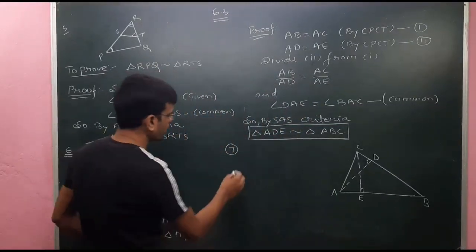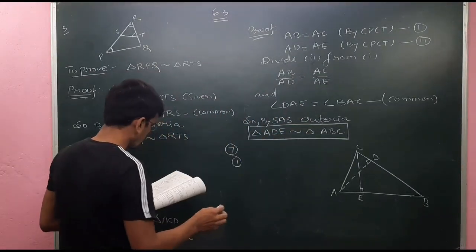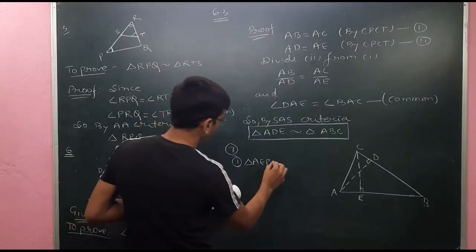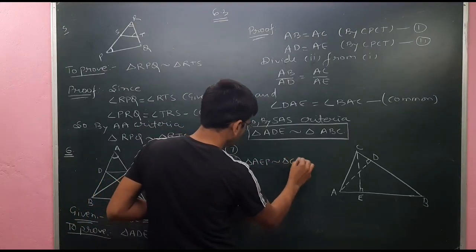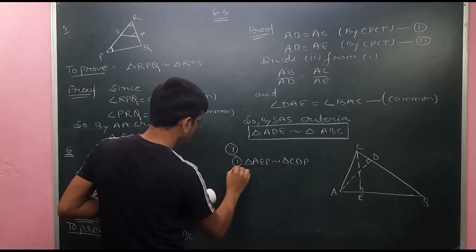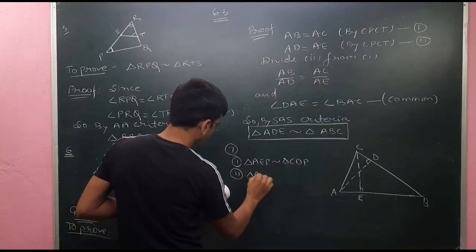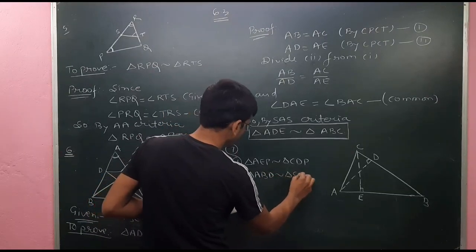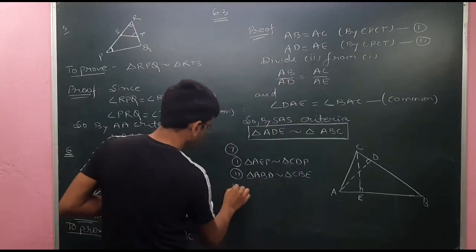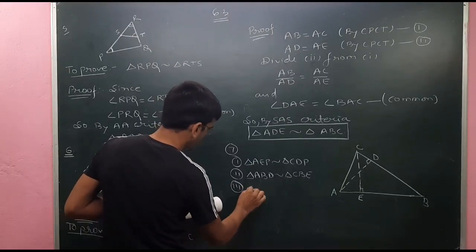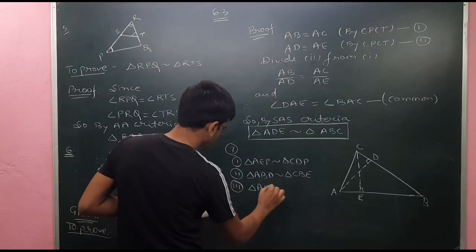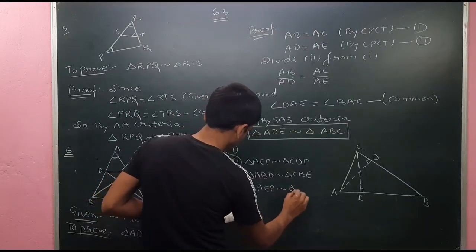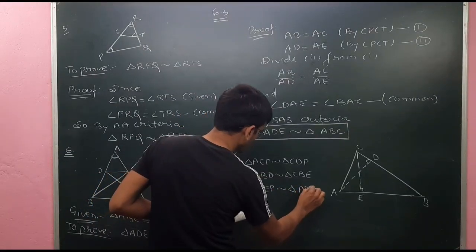You have to prove: number first, triangle AEP is similar to triangle CDP. Number second, triangle ABD is similar to triangle CBE. Number third, triangle AEP is similar to triangle ADB.